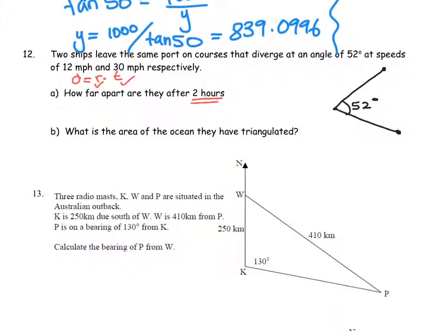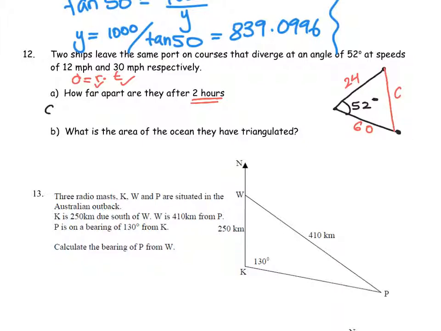So in order to find the distance covered by the first ship, I multiply the speed of the first ship times 2, and that's going to give me 24. And the other one is 30 times 2, that's 60. So I have two sides and the included angle. I can use law of cosines to find this side.